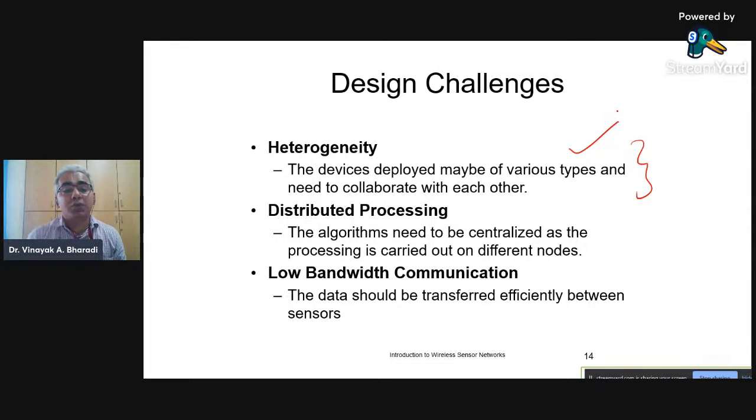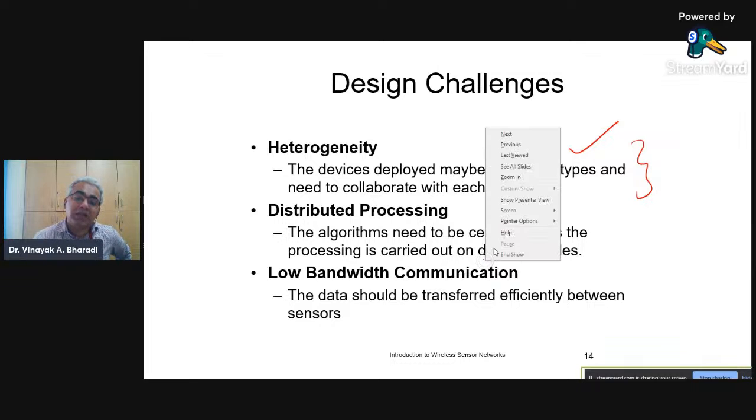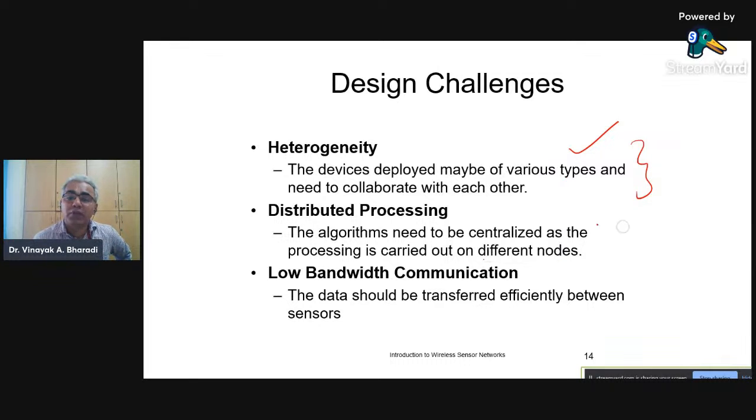Then distributed processing, because when certain algorithms are needed for communication, calculation, self-organizing, and self-healing purposes, I have to define algorithms, and the processing should manage the communication or data transfer over the distributed deployment also. And low bandwidth communication, because again network issues will be there, because it will be deployed over a very large surface, a very large area.